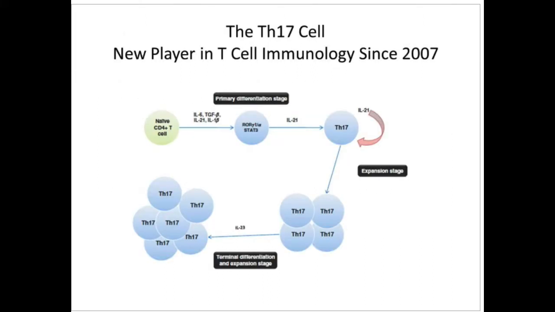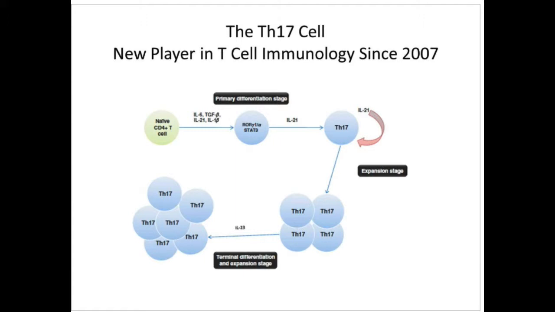Okay, since 2007, there's a new player in the field. This is the Th17 cell, so named because it makes the cytokine interleukin 17. It starts as a naive CD4 T cell under exposure to a variety of cytokines such as TGF-beta and interleukin 1 beta.